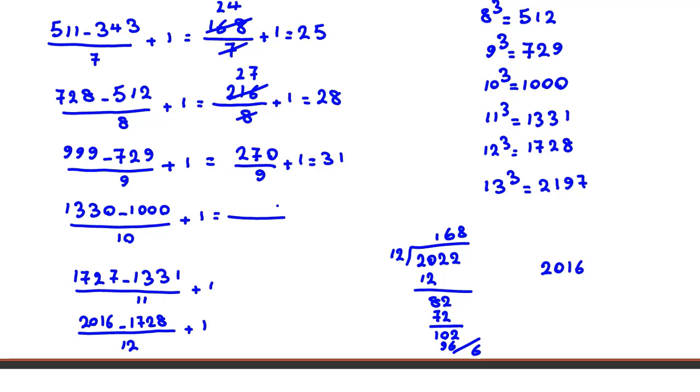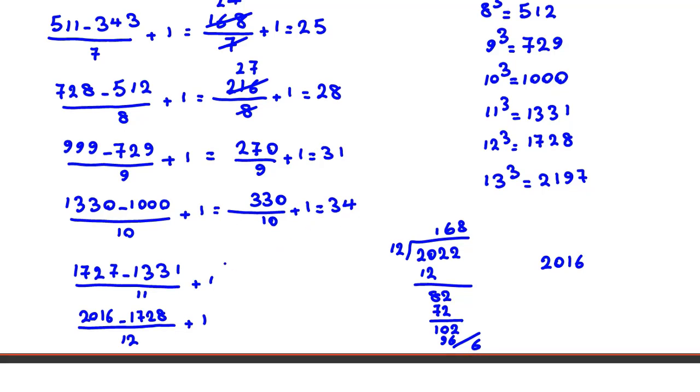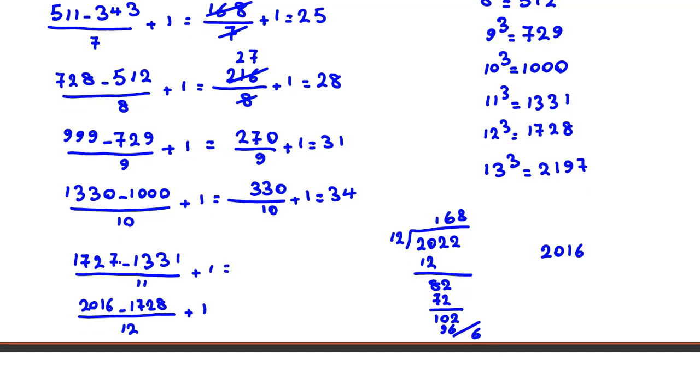And here it will be 330 over 10 plus 1. 33 plus 1, 34. And this number is 1727 minus this is 6. 12 minus 3, 9. 6 minus 3, 3. Over 11 plus 1.